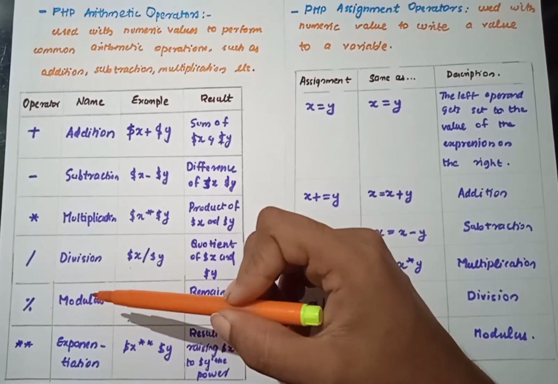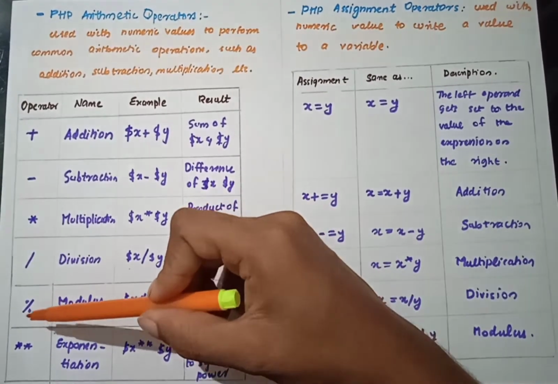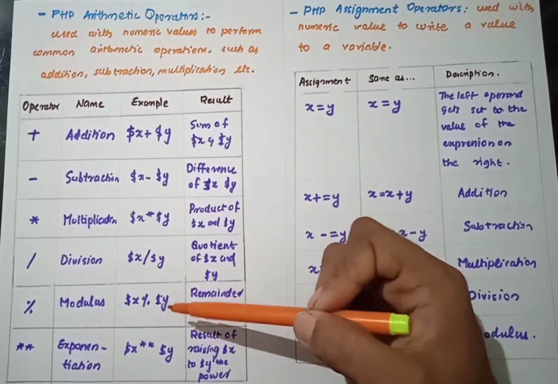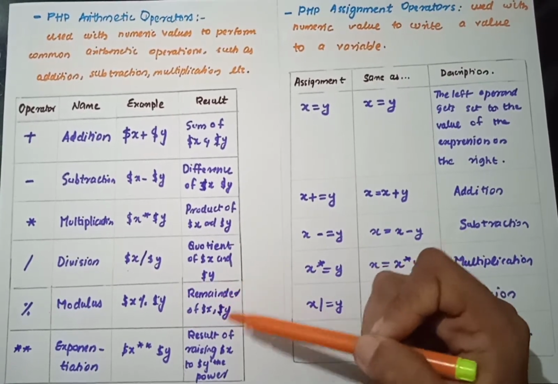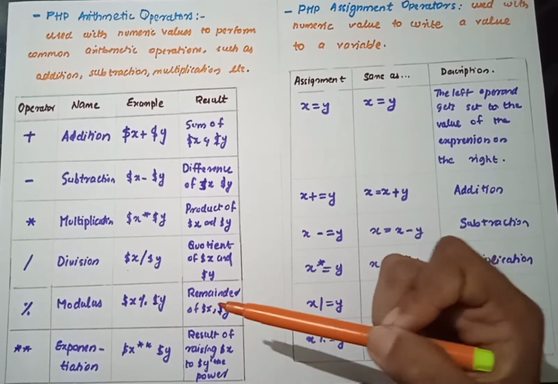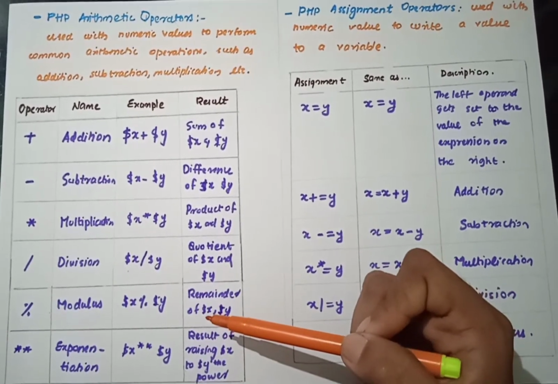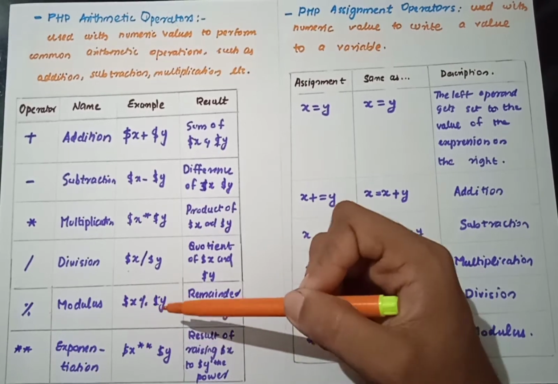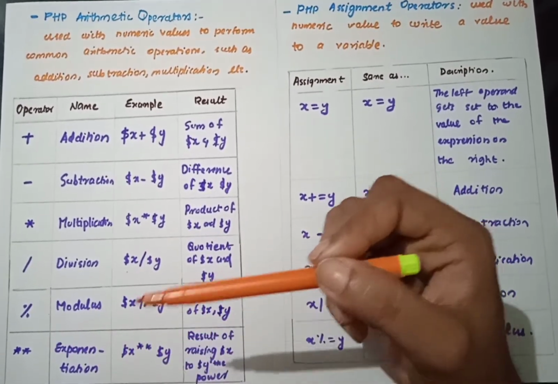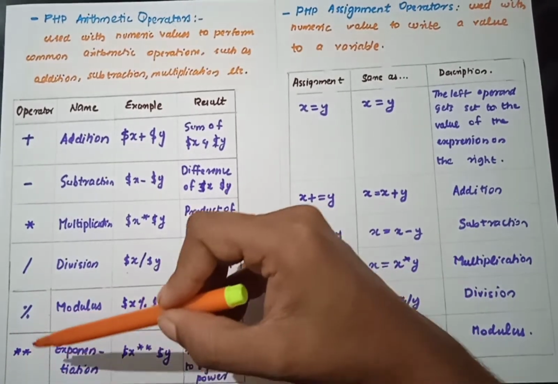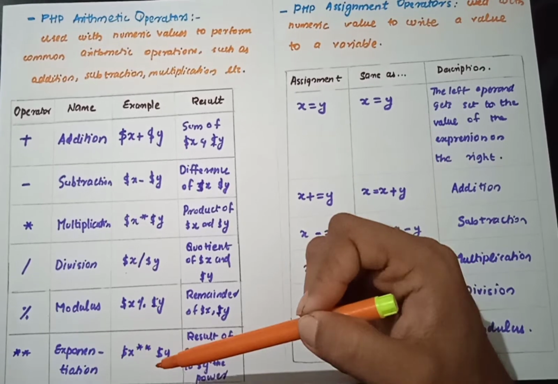Another arithmetic operator is modulus. So this is the operator for modulus, and this is how we define the modulus operation. And what is the result of using this modulus operator? It will give the remainder of the two variables that we use here as x and y. And the last one is exponentiation. So this is the operator for exponentiation, and this is how we define this operation.